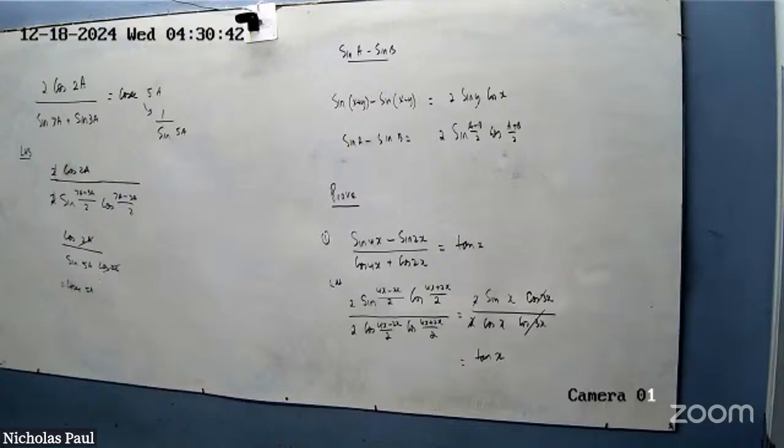Solve between 0 and 2 pi. That's our next. That's our next time. That's already the easiest trick though.